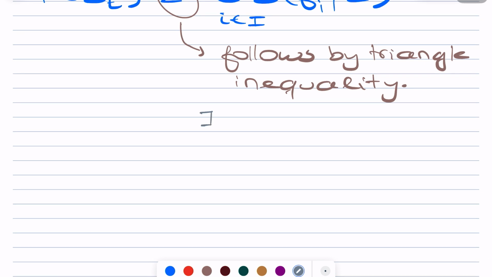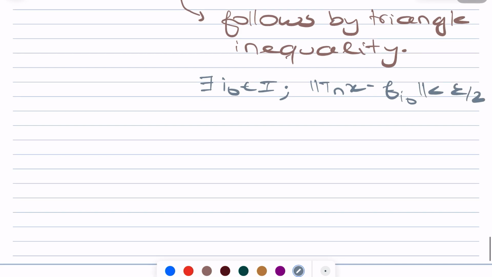Okay, so in fact, you know that there exists i_0 in I such that the norm of T_n x minus f_{i_0} is strictly less than epsilon over 2. So this means that the norm of Tx minus f_{i_0}, the norm in F of course, if I don't precise, then you should be able to know in which space I'm talking about the norm.